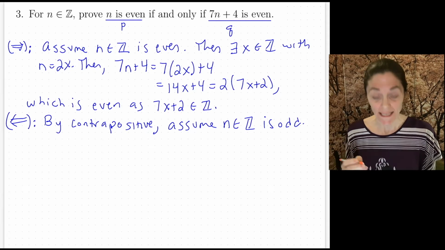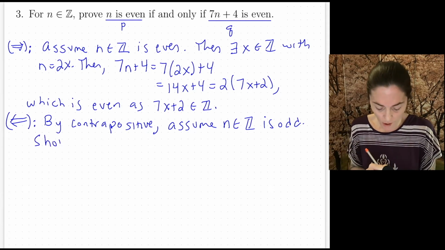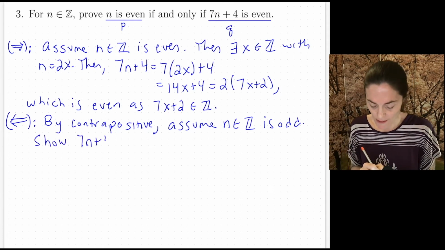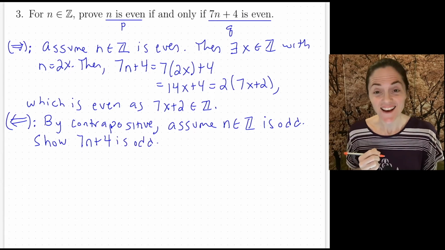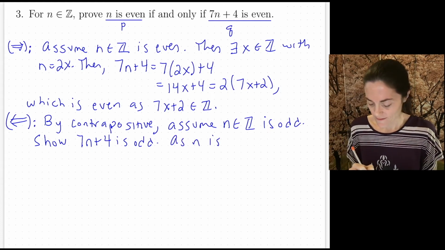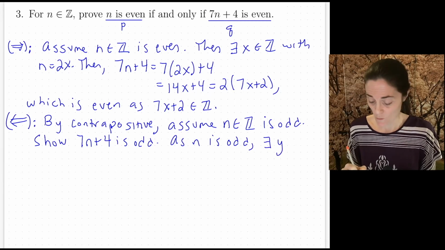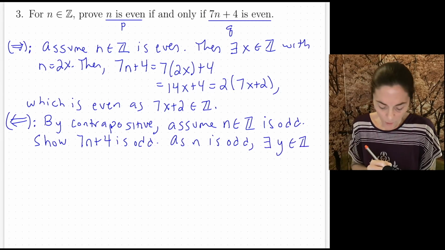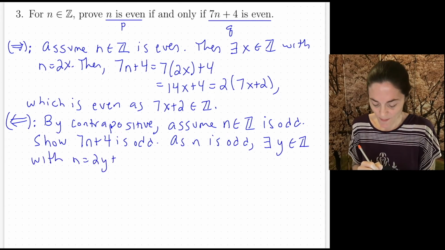So we assume n is an odd integer, and we want to show that 7n plus 4 is odd. Well, we use the definition of odd. There exists, say, y with n equals 2y plus 1.